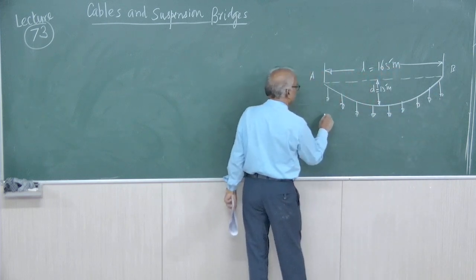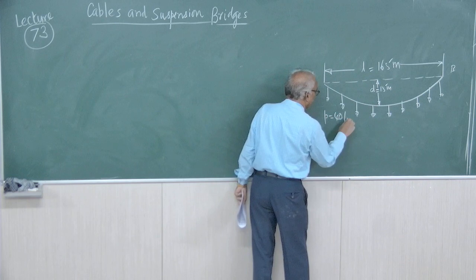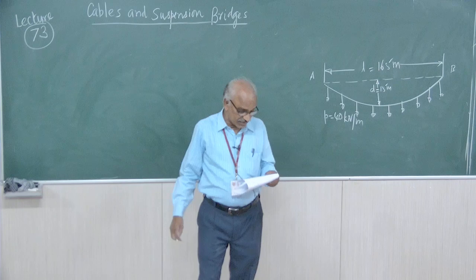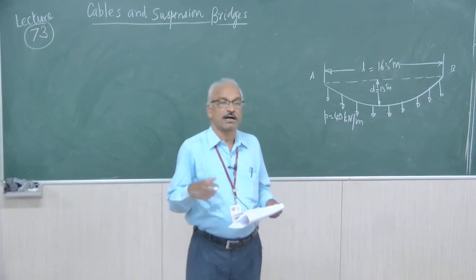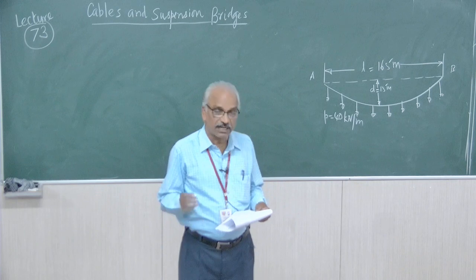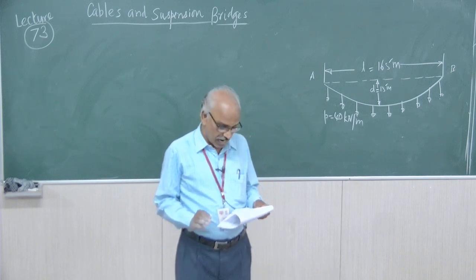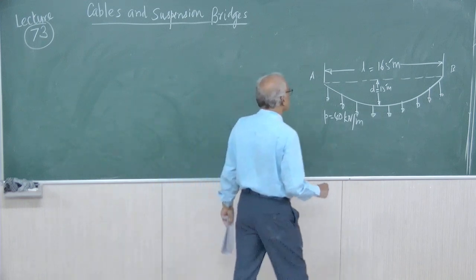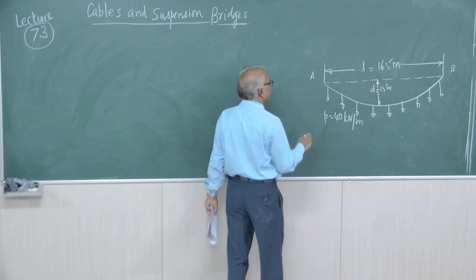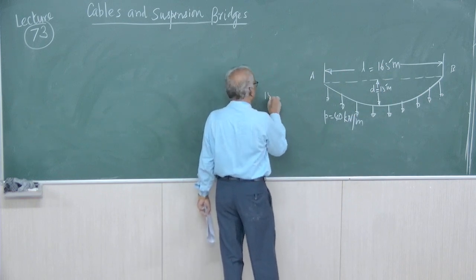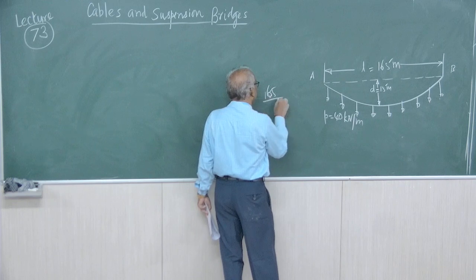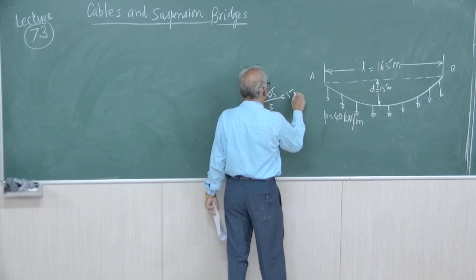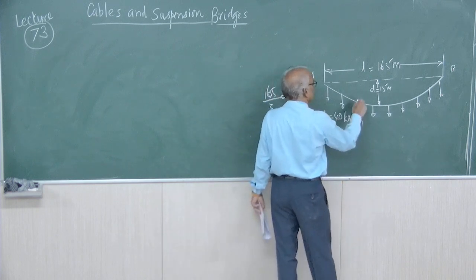So P equals 40 kilonewton per meter throughout its length, and concentrated loads of 150 kilonewton and 300 kilonewtons at 1/3 points. So 165 divided by 3 equals 55 meters.